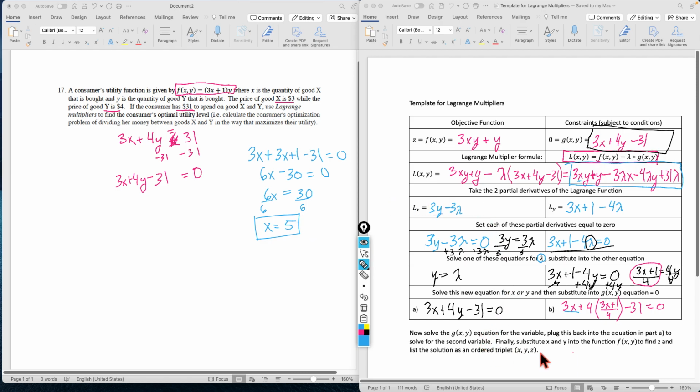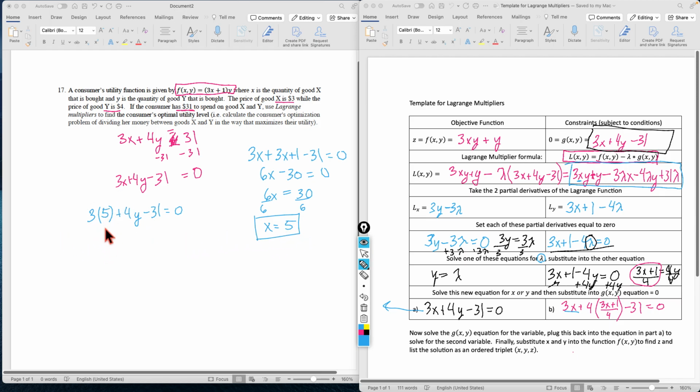Let's see, what are we trying to get? And then we got to get the z too. We got to get the y first, so we take this one over here. 3x plus 4y minus 31 equals 0. X is 5, as we just found out.